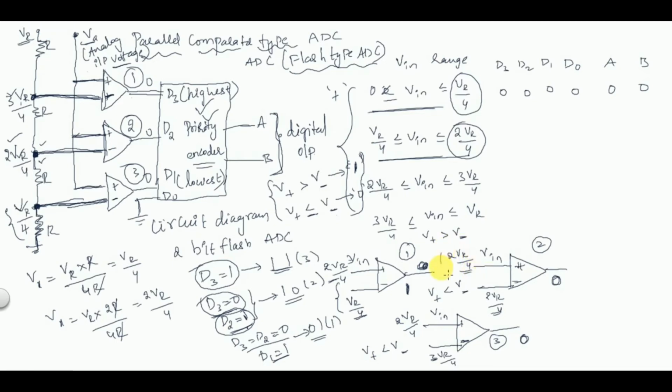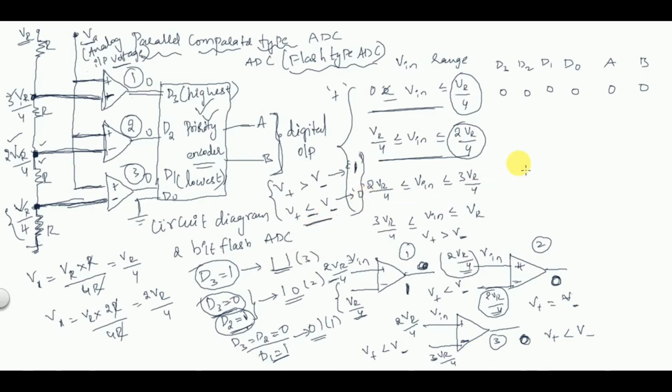And here 2VR by 4, and here also 2VR by 4, so V plus is equal to V minus. Therefore the output is still 0. And here 2VR by 4 and here 3VR by 4, so V plus is less than V minus. In this case also the output is going to be 0, because of the second condition.